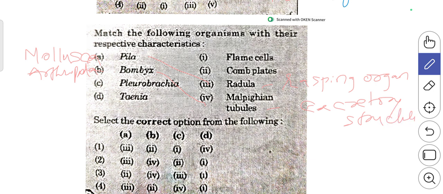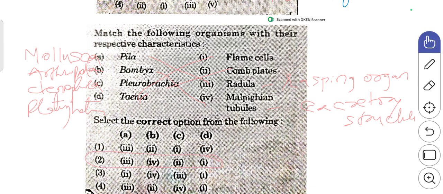Then Pleurobrachia, it is seen in Ctenophora, that is comb plates. Then Taenia, this is from Platyhelminthes. So Taenia has a special structure, that is flame cells. So for this one, the correct answer will be A3, B4, C2, D1. So that is 2. So next one.